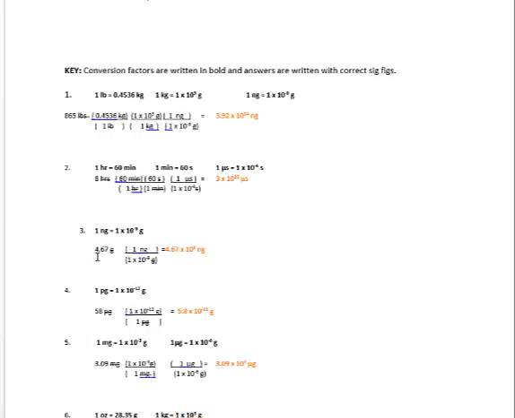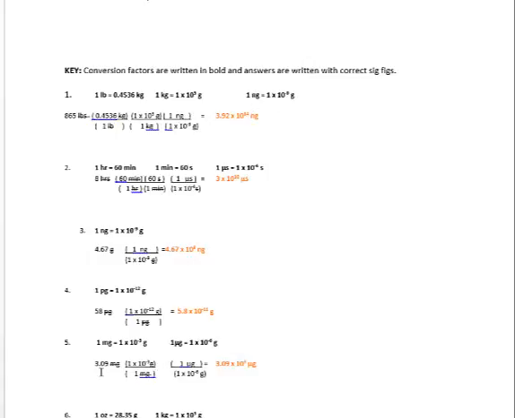1 nanogram is 1 times 10 to the minus 9th gram. We multiply 4.67 grams, which is given, by the conversion factor in ratio form of 1 nanogram per 1 times 10 to the minus 9th gram to get 4.67 times 10 to the 9th nanogram. Oh, and up here, I don't think I said what this answer was. It's 3 times 10 to the 10th microseconds, and up here the answer is 3.92 times 10 to the 14th nanogram.